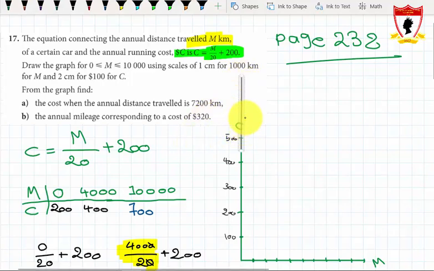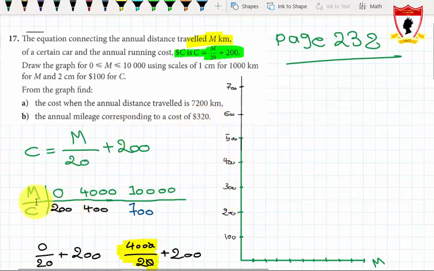Perfect. Here, 2 more centimeters is 600. 2 more centimeters is 700. It's fine. Even when you are working out, if you see your x-axis or y-axis is shorter than what you expect, you can just extend it with your ruler. It's fine, although it doesn't affect the graph.